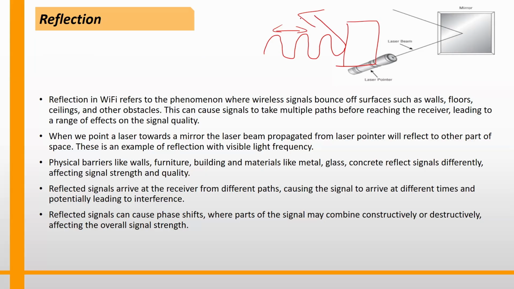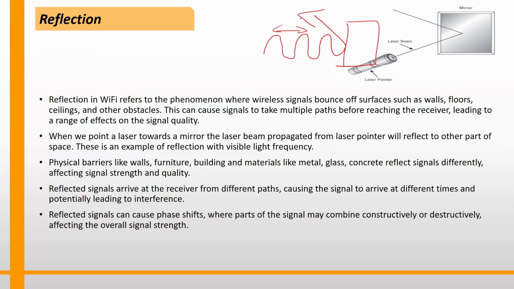So that is the logic. If the wavelength is half or less than that of the material that it is going to hit, then it will reflect. So reflection is significant with the wavelength of the wave. If it is smaller than or comparable to half the surface length, it hits.